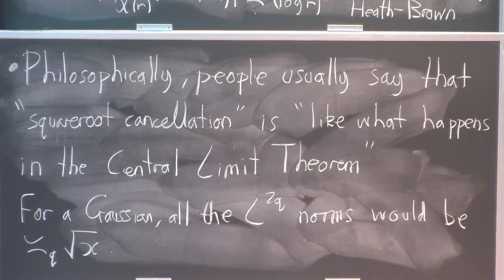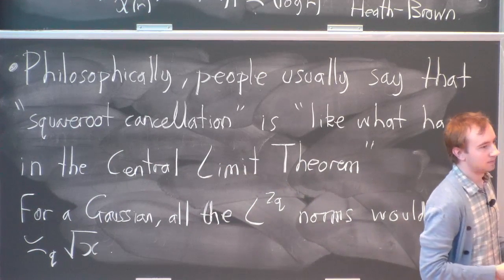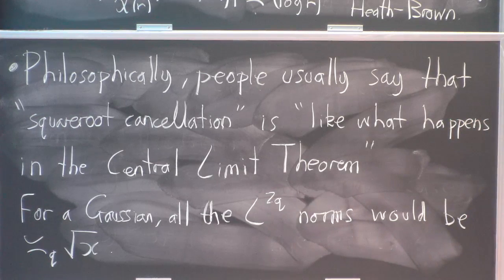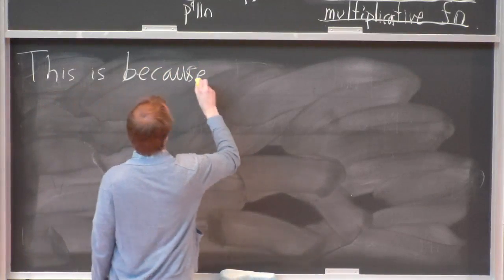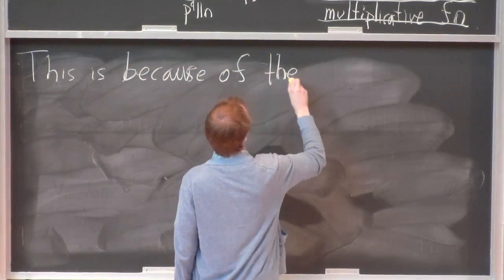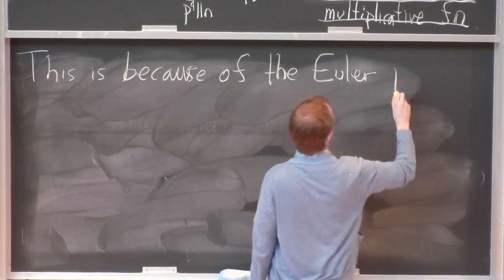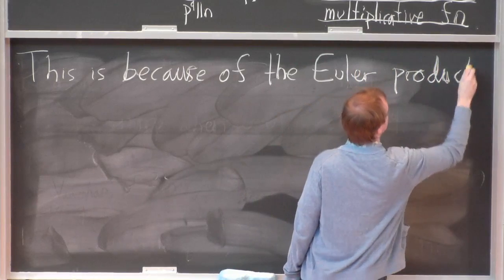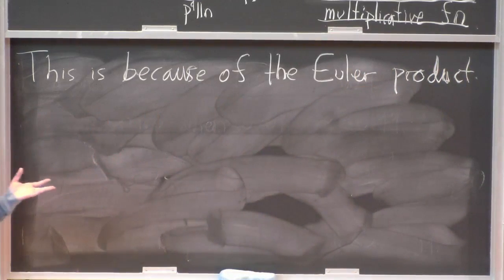And why is that? Right, so why is it smaller? This is because of the role of the Euler product.